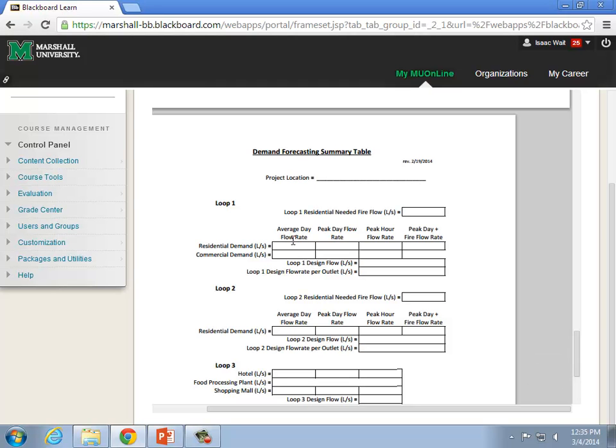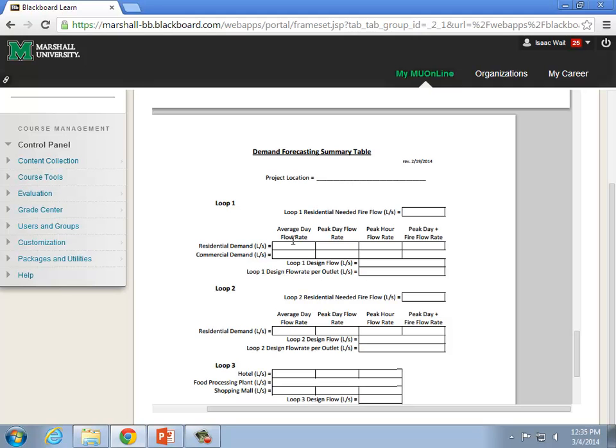For residential demand, you'll have a certain number of people there using a certain amount of water. Liters per day is what that reference was given to you, and you'll need to convert it to liters per second. So let's say that you have 10 liters per second as the flow rate on an average day. That means through the 24-hour period of the average day, 10 liters per second is the demand.